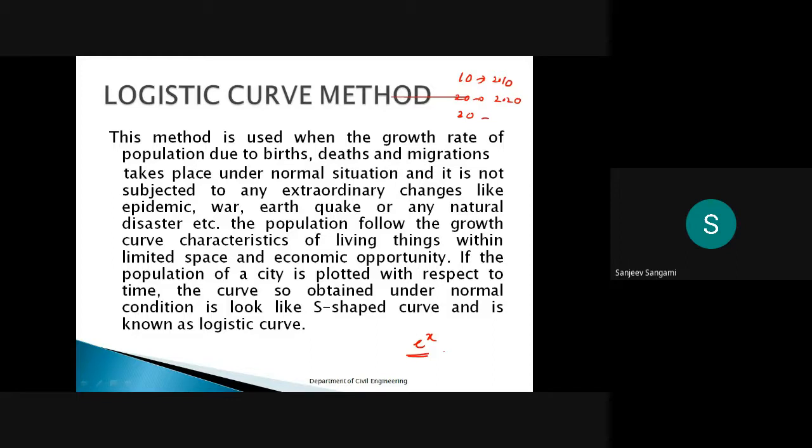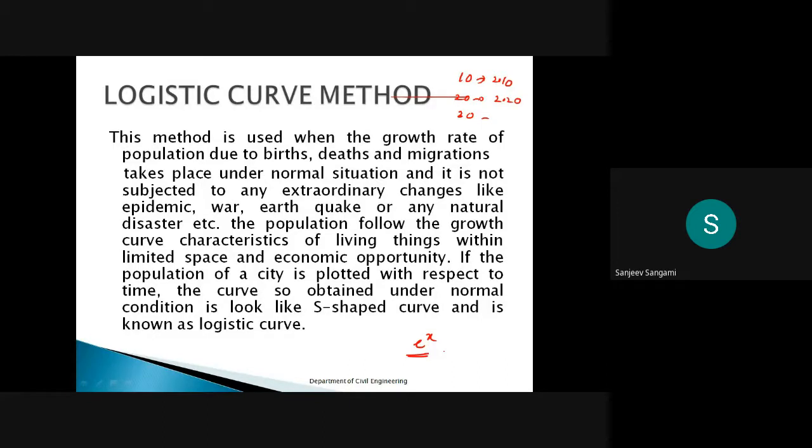In this method, the population is under normal conditions and the growth is very high. Two things we have to consider here: the growth is normal, and it is extraordinary. For example, if you are predicting the population for another 10 years, it will be 1,000, and then suddenly it is going to increase by 5,000.